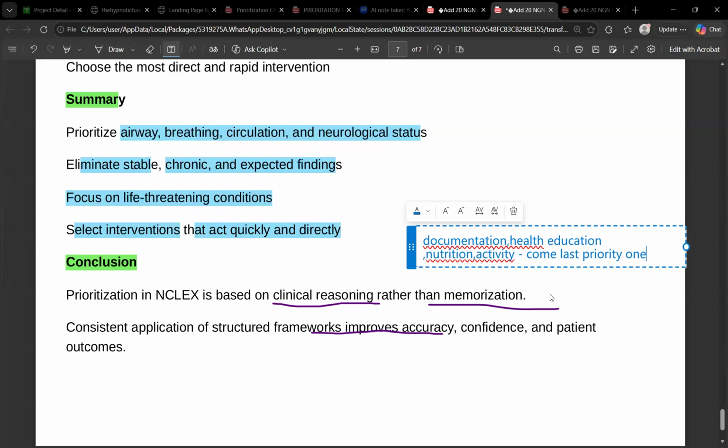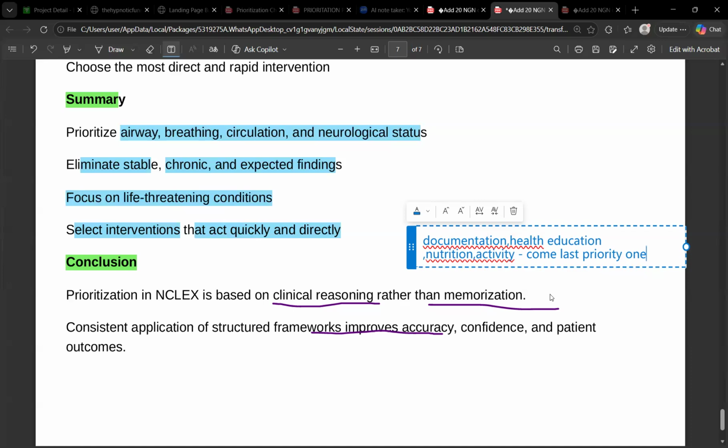Those are the exceptional cases you have to keep in mind. Also, documentation comes last, but in the case of incident reports, documentation is highest. We need to stabilize the patient first, but in such cases documentation is our priority. Stabilize the patient, then documentation first.